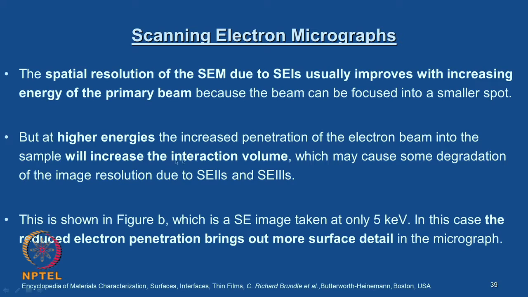We will quickly see in a few minutes what this interaction volume is about, which may cause some degradation of the image resolution due to SE2s and SE3s. This is shown in figure B, which is a secondary electron image taken at only 5 kilo electron volt. In this case, the reduced electron penetration brings out more surface detail in the micrograph.